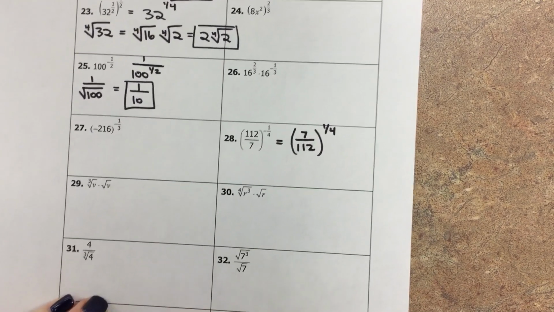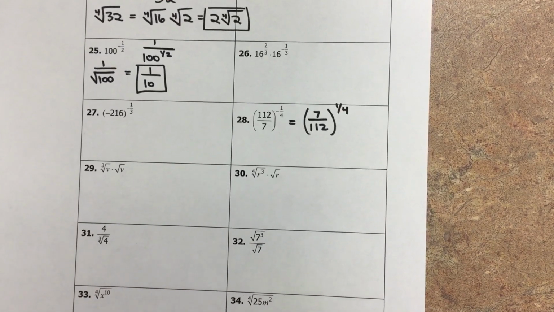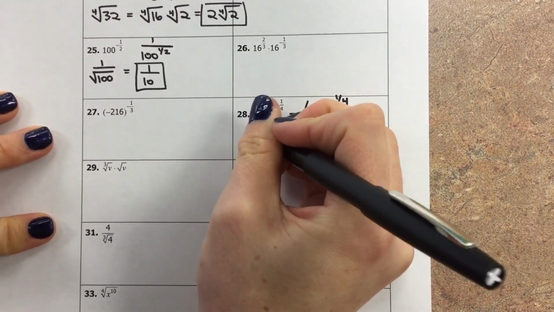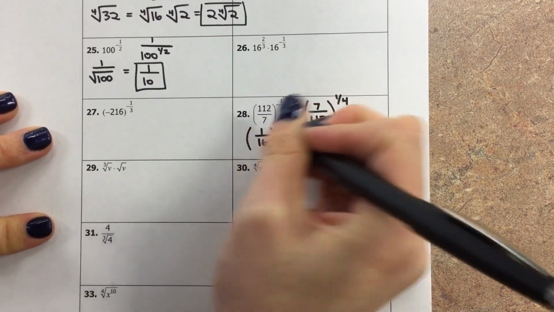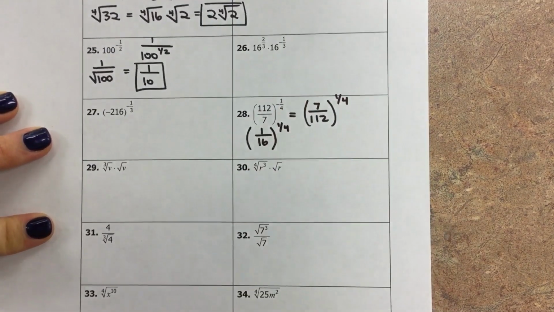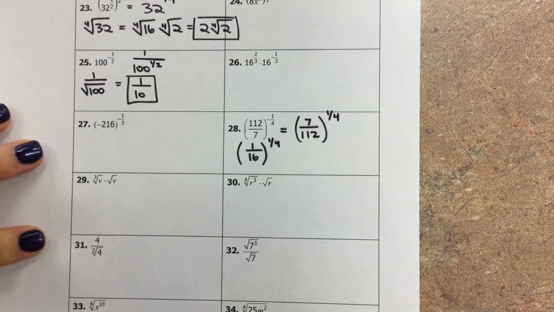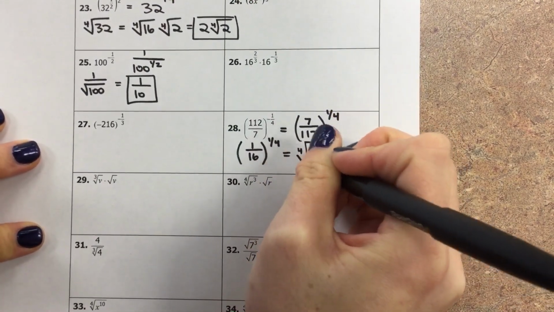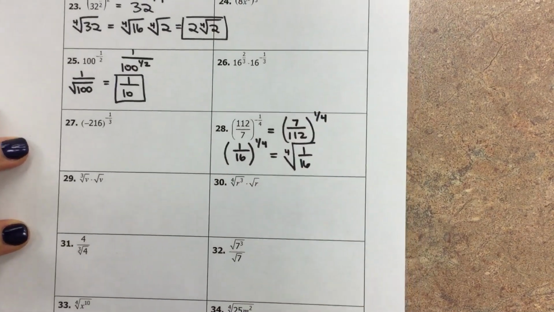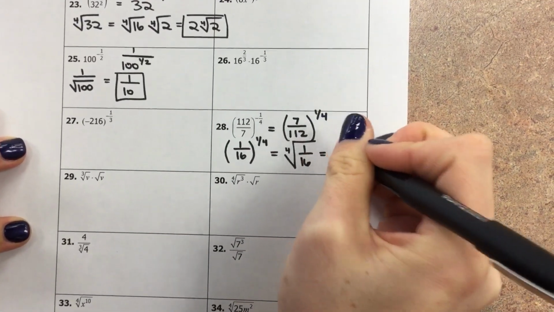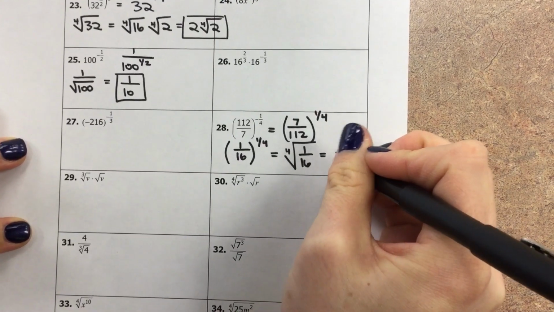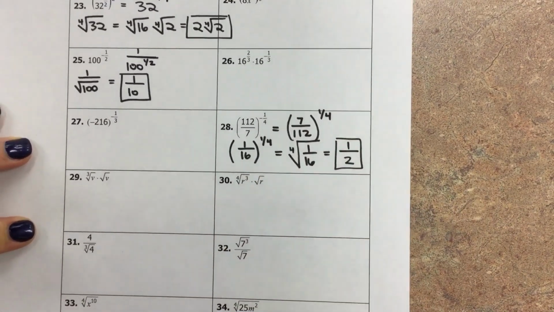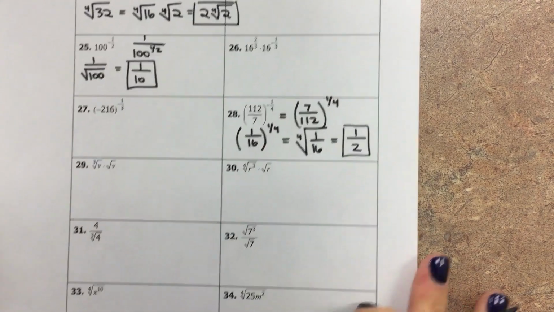You might have to plug 112 into your calculator to find out, but it is a multiple of 7. It's 16 times 7. If I reduce this down by 7, I end up with 1 over 16, and that is raised to the 1/4 power. So 1/4 means that it is an index of 4, and those are both perfect fourth powers. The 4th root of 1 is just 1, the 4th root of 16 is just 2. So this crazy looking thing right here is actually just 1/2 once we simplify it.